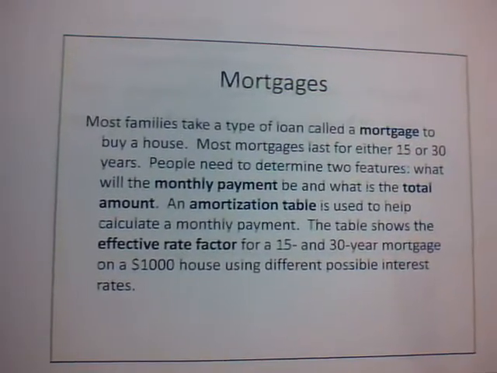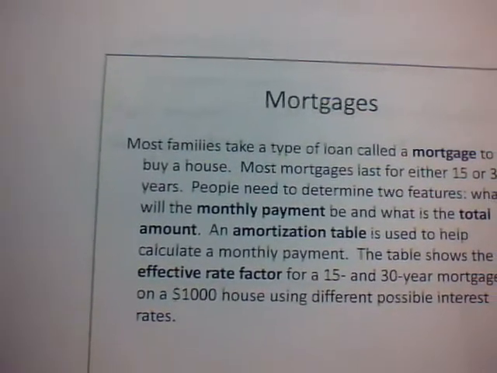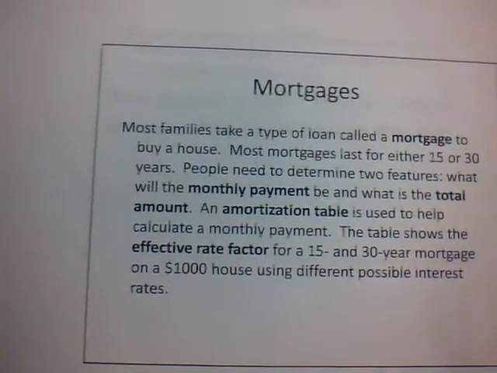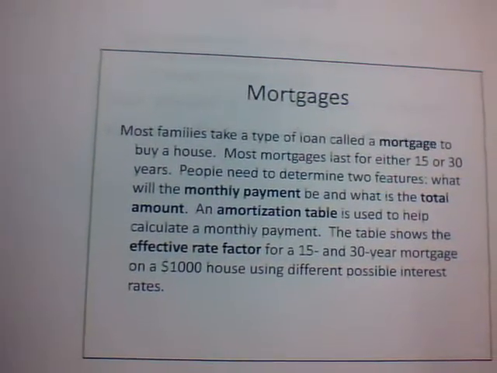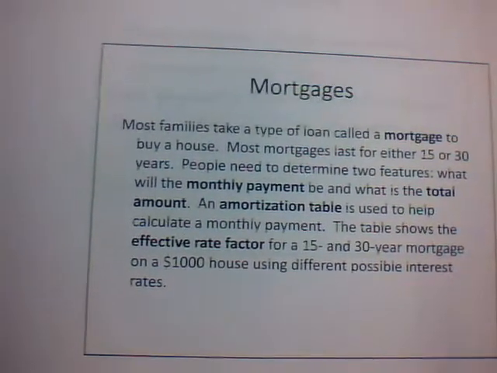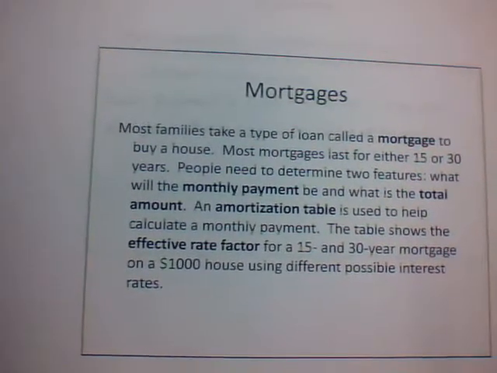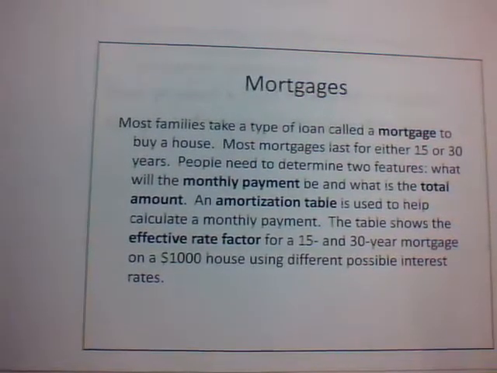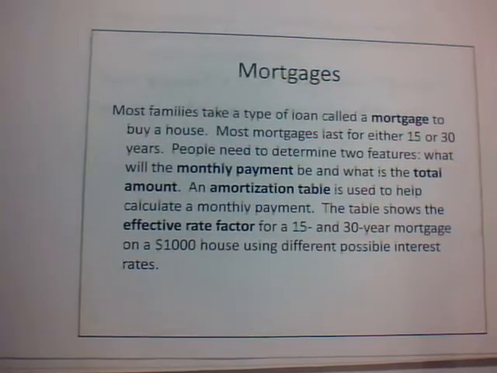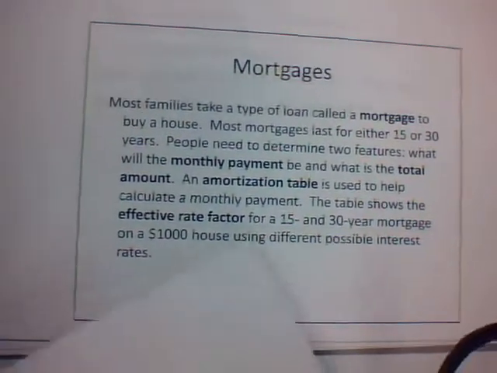Now, in your textbook, you do have an amortization table for a 15 and for a 30-year mortgage at various interest rates. So here you'll use that to help you calculate the monthly payment. The table shows the effective rate factor for a 15 and 30-year mortgage on a $1,000 house using different possible interest rates. And here's an example of that amortization table.